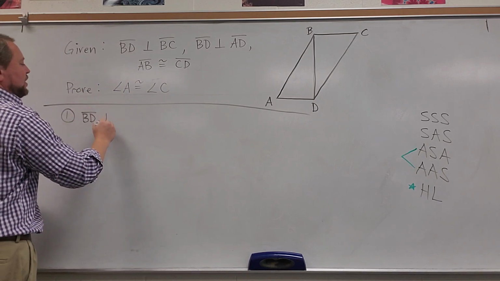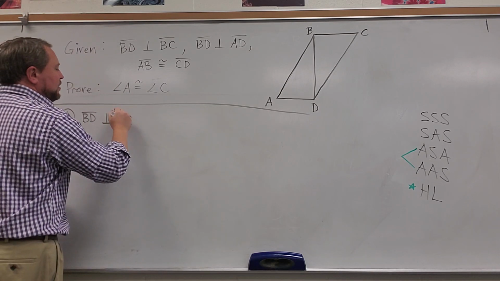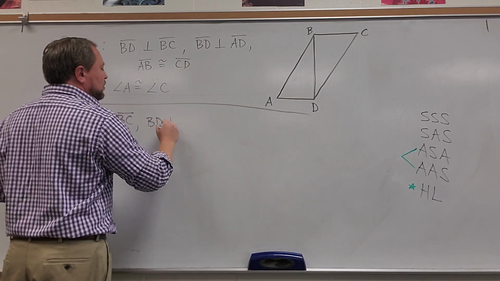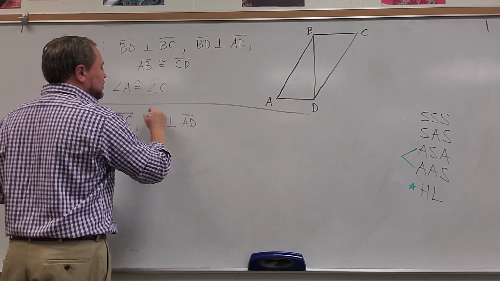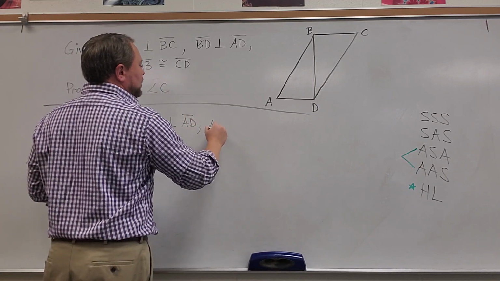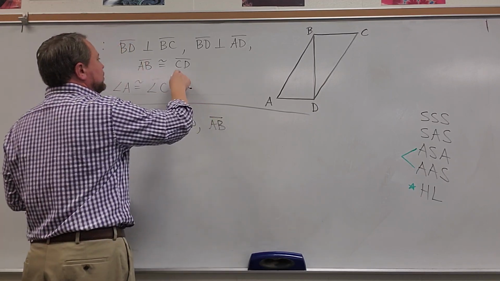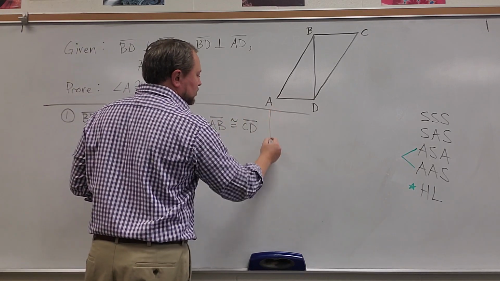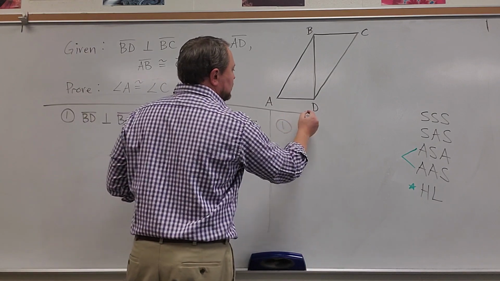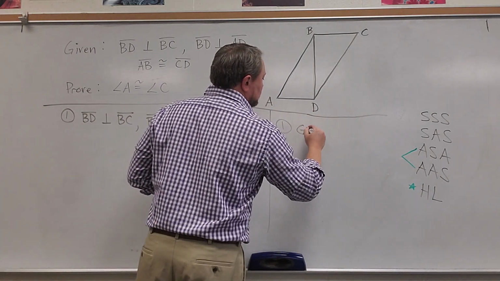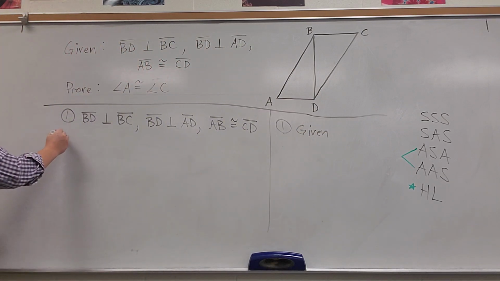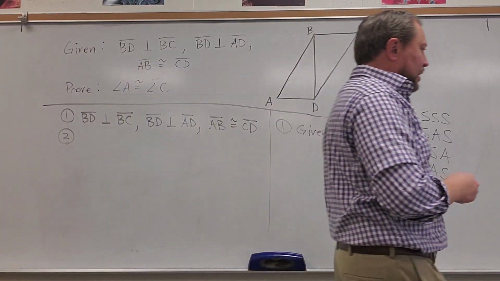So we'd say BD is perpendicular to BC. BD is perpendicular to AD. And finally, AB is congruent to CD. Well, that is given.